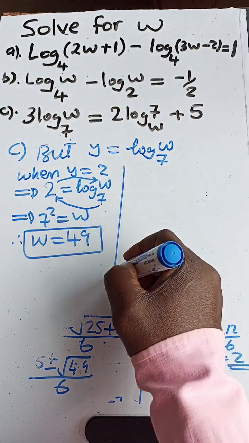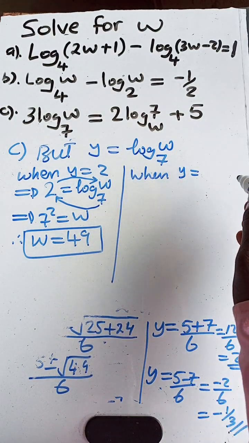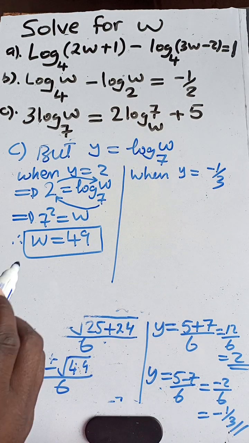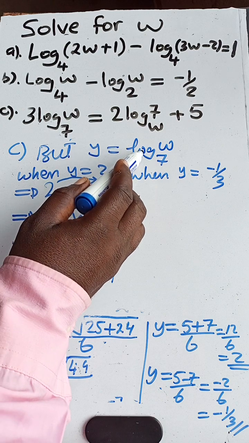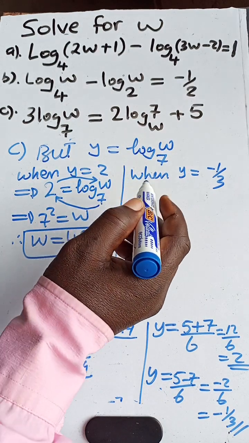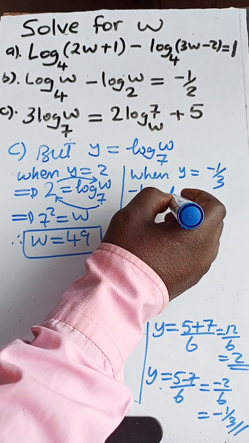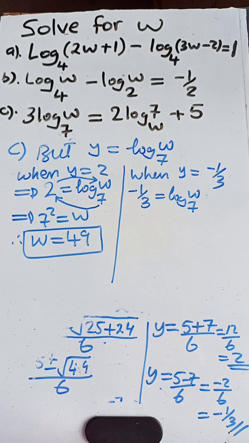And then we now take the other situation, when Y is equal to negative 1/3. Again, we're going to put negative 1/3 here, the value of Y. Negative 1/3 is equal to log W base 7.